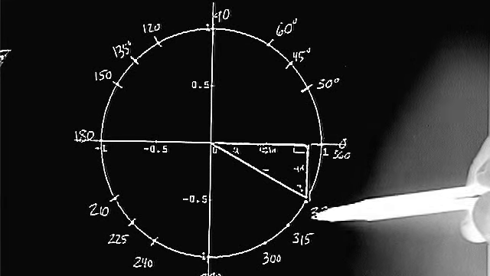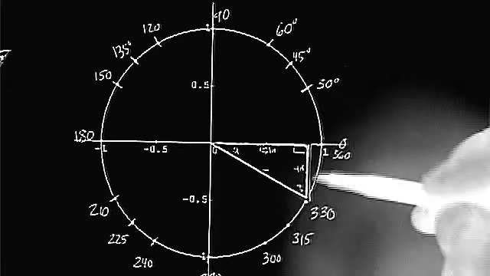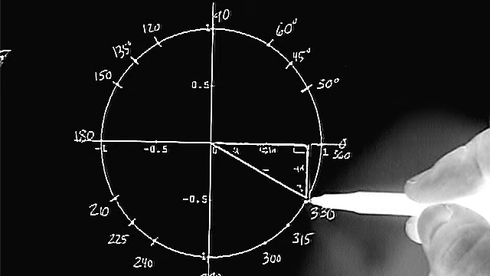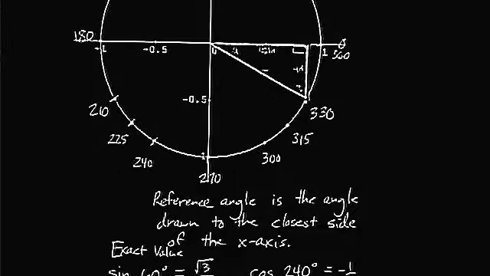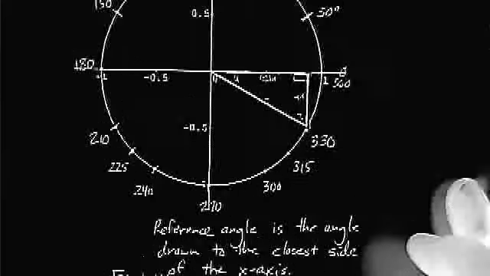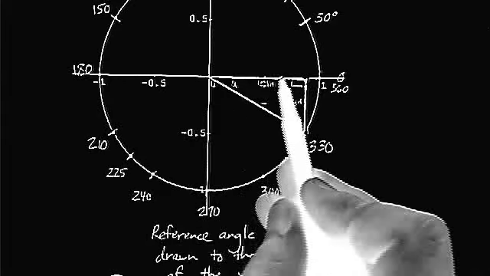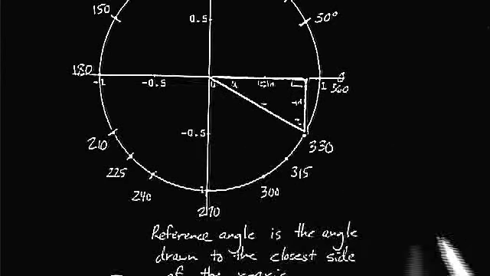The tangent, we remember, is the y over the x, the sine over the cosine. Well, the y value here is negative 1/2, right, because it's below the x-axis, divided by the x value, which is positive radical 3 over 2, right? If you look at that side of the triangle, it's positive radical 3 over 2.